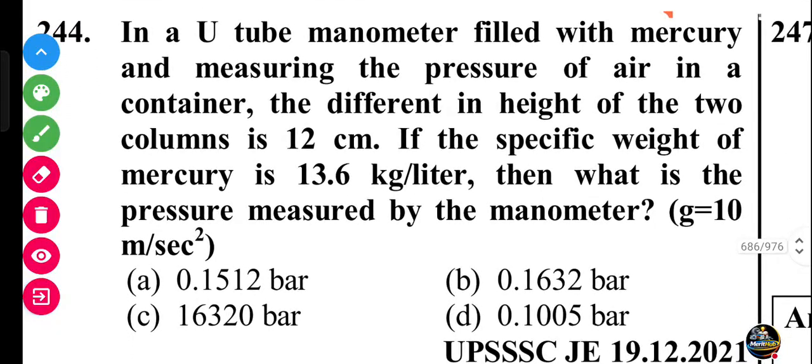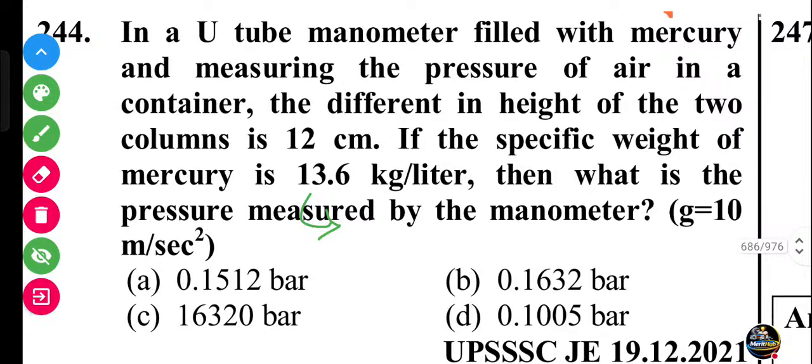Next question, friends. In a U-tube manometer filled with mercury and measuring the pressure of the air in a container, the difference in the height of the two columns is 12 centimeter. If the specific weight of the mercury is 13.6 kg per liter, then find the pressure measured by the manometer. First you convert the units. This unit converts to 1000 kg per meter cube.